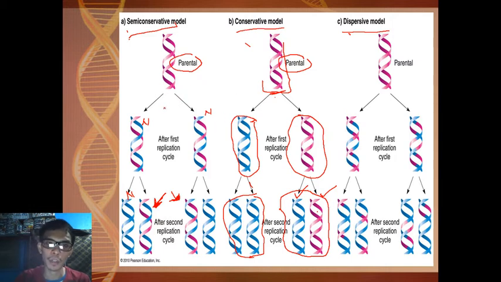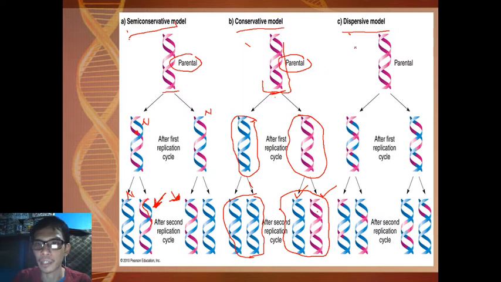So in the semi-conservative model, the pink strand of DNA, this one, is separated. And why semi-conservative? It is still maintained, but not totally the same as the parental DNA. So that's how the semi-conservative model works.